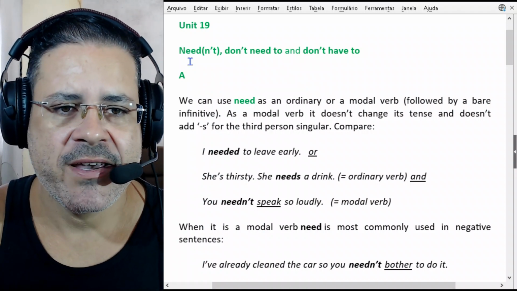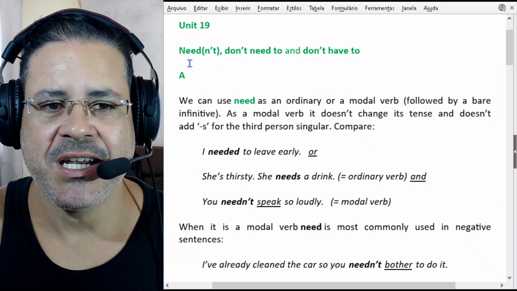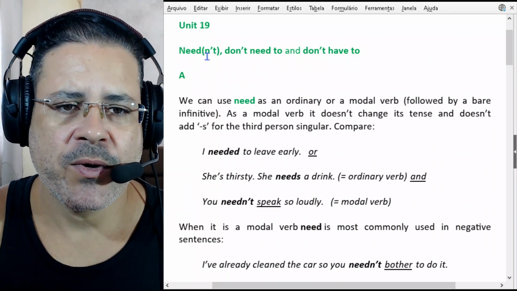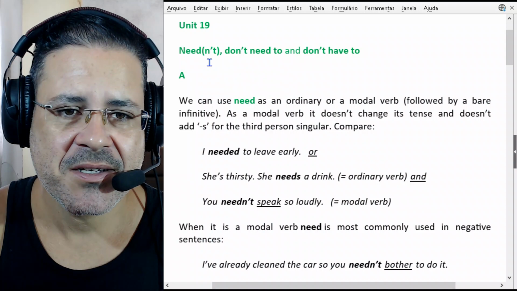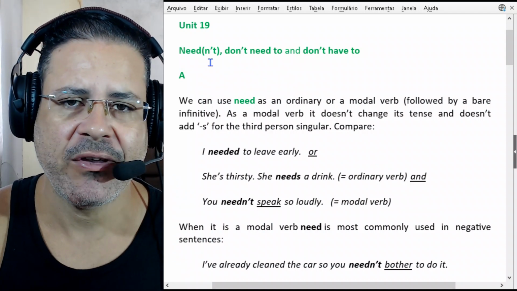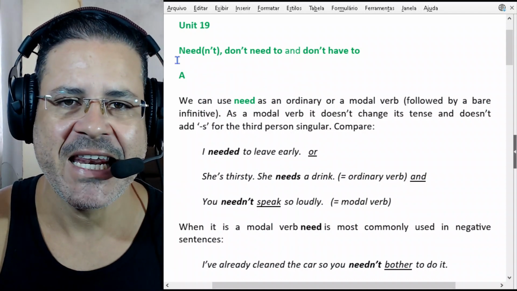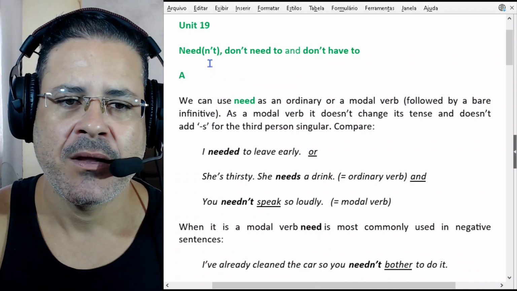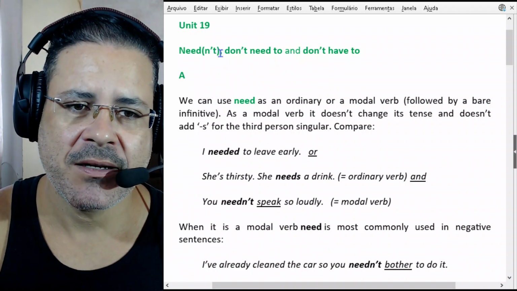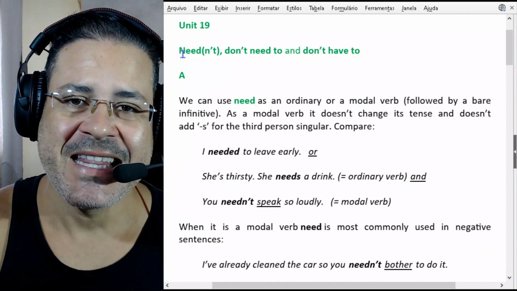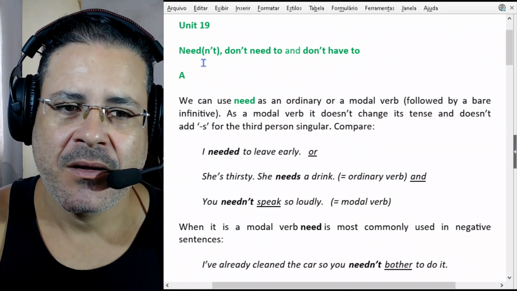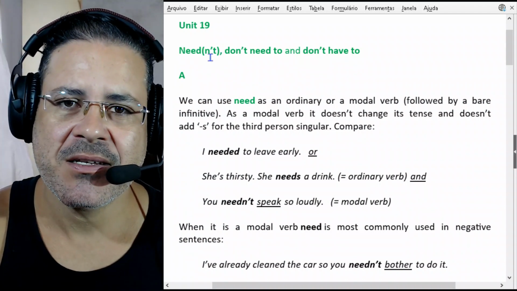Okay, so here we have the verb to need. So we have the expressions needn't, the abbreviation for need not. Remember that expression, needn't. It's most of the time in its negative form.